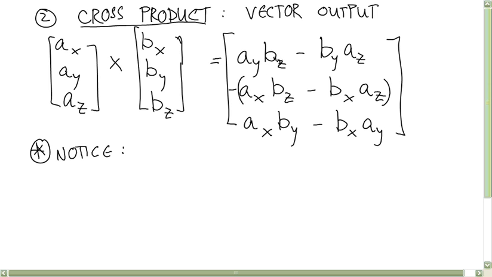You have z components in every term, so this is all equal to 0. So if you're taking the cross product of two vectors that don't have z components, that cross product is always going to only have a z component.